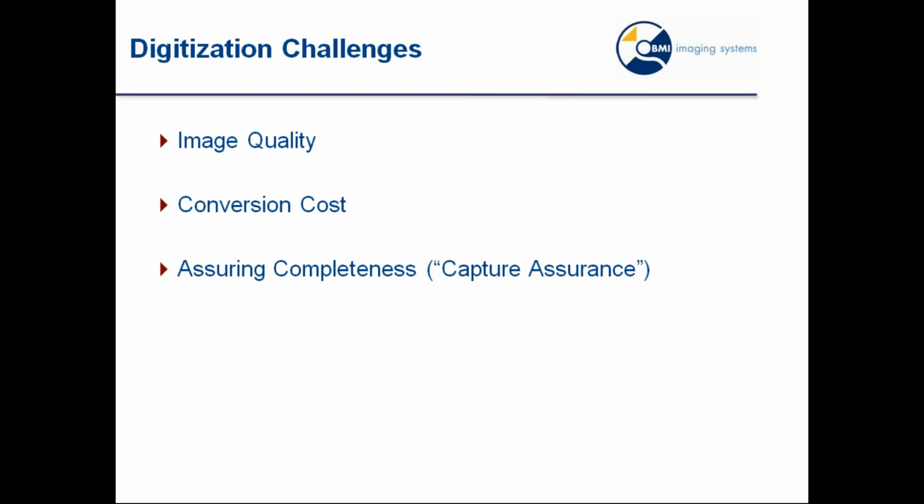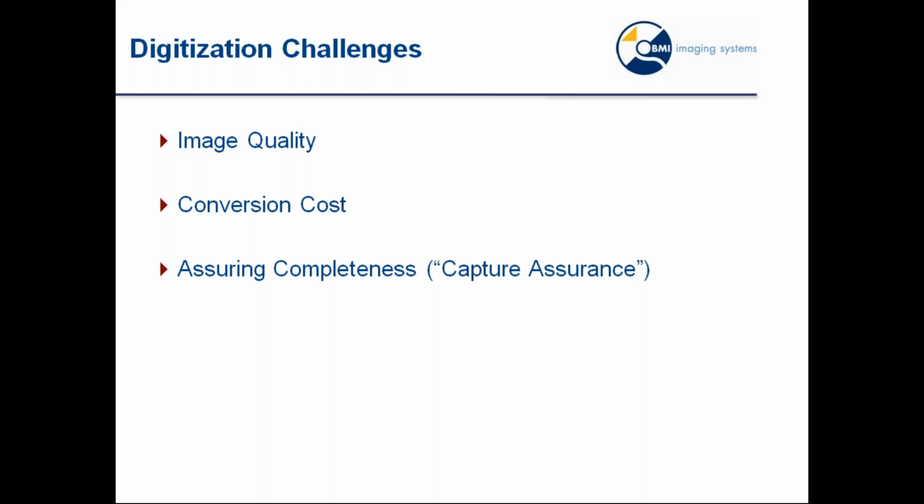Assuring completeness is the other challenge in a digitization project. We like to refer to that as capture assurance. It's basically assuring that we capture, or that all the images on the roll, you can also think of them as frames, are captured.